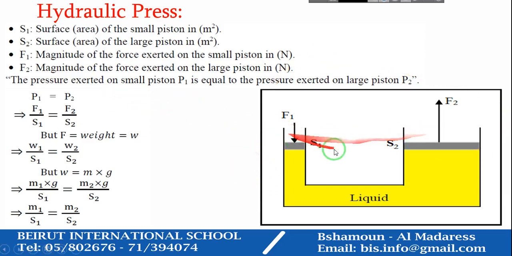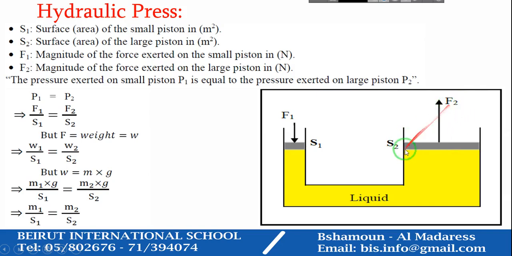So for two objects or surfaces to be at equilibrium, as we know, points at the same horizontal level at rest are subject to the same pressure. So we say that P1 equals P2. What does P1 correspond to? Pressure exerted by F1 on S1, which is F1 over S1. What about P2?